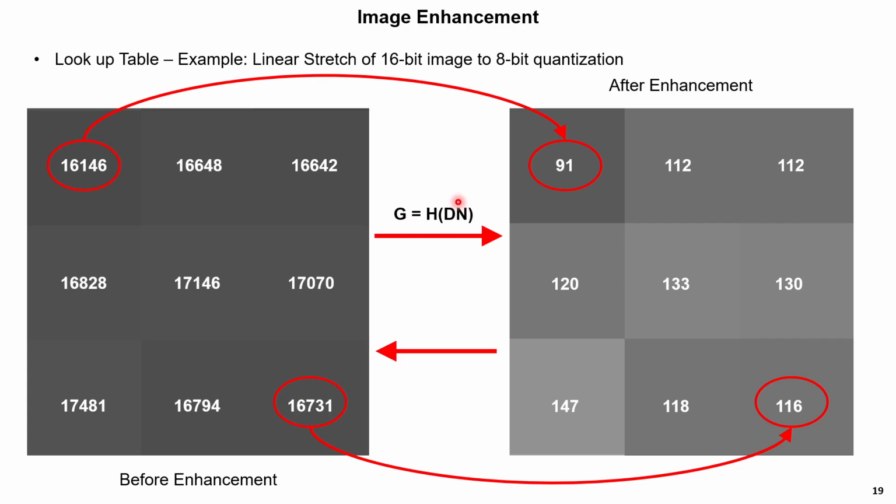Here DN is your pixel values, h is the stretching function, which can be a linear stretch or a non-linear stretch, and g is your output. So 16146 is in the 16-bit. G is the output, the value after your enhancement.